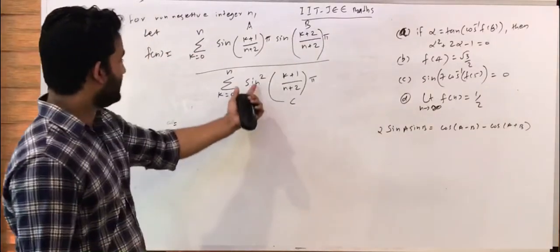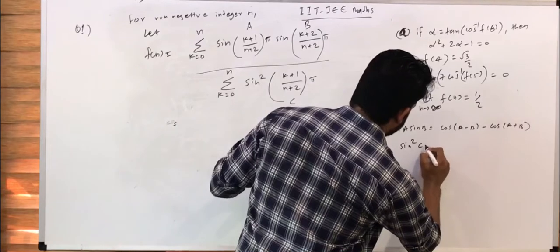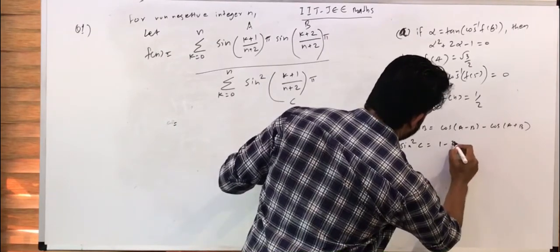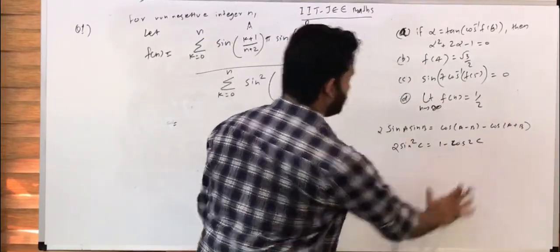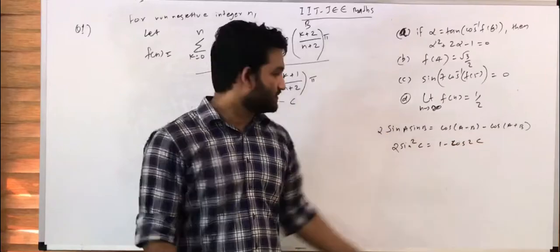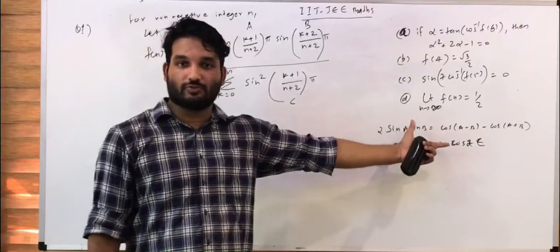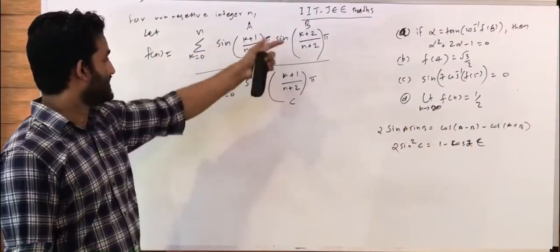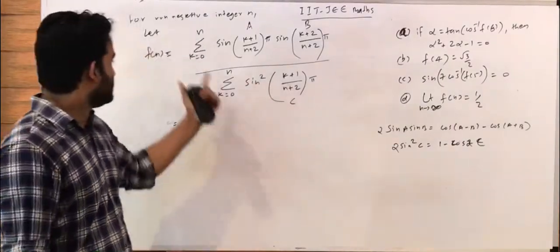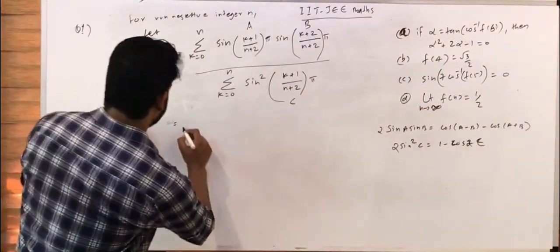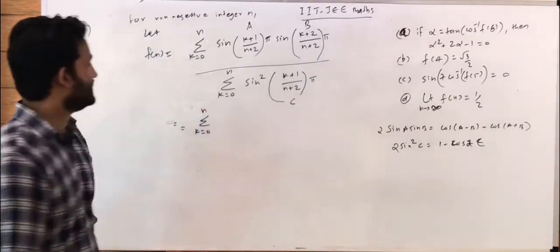Similarly in the denominator, we know 2 sine square c is equal to 1 minus cos 2c. So using these identities, first I am splitting the numerator and denominator, then I apply the summation.